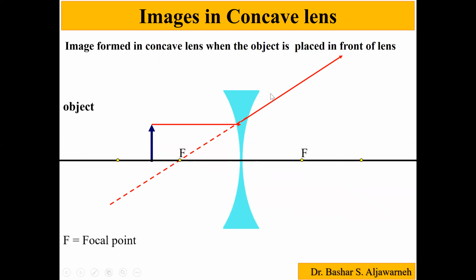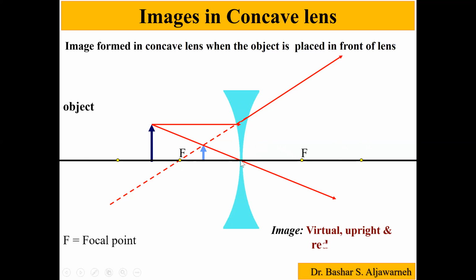Take another ray, as you can see here, passing through the center of the lens, and now take an extension of the refracted ray. You will see it crossing with this ray. Therefore, the image is formed at this point, where the distance from the image to the lens is called d sub i.